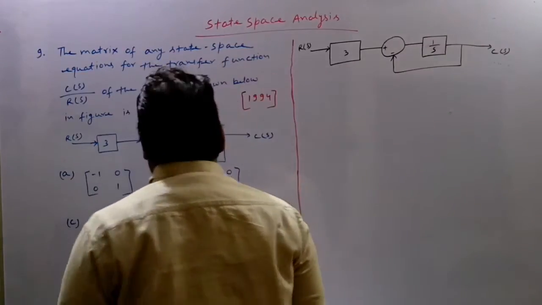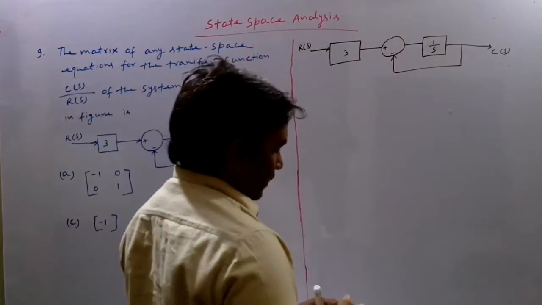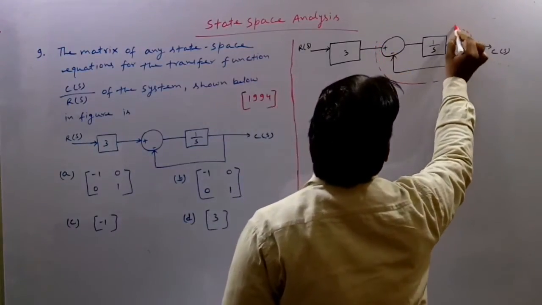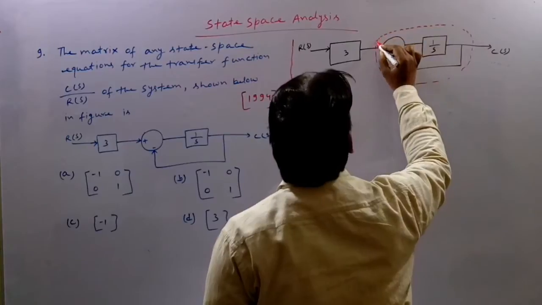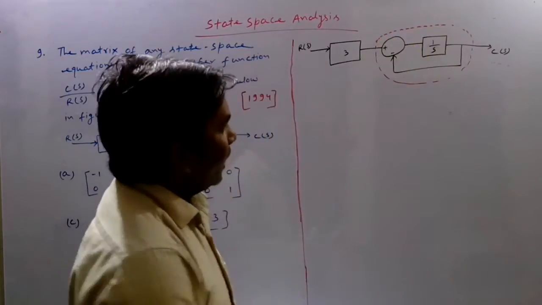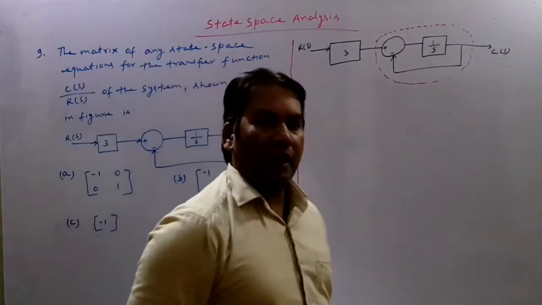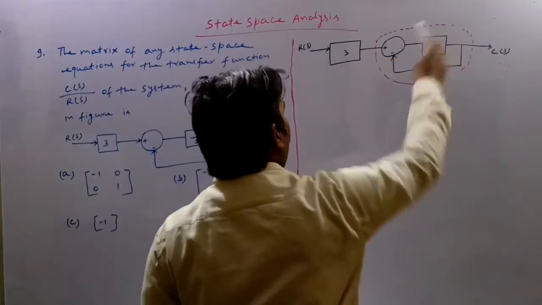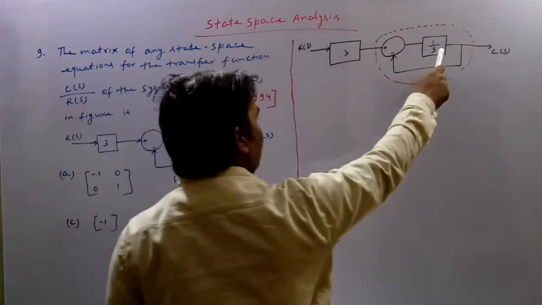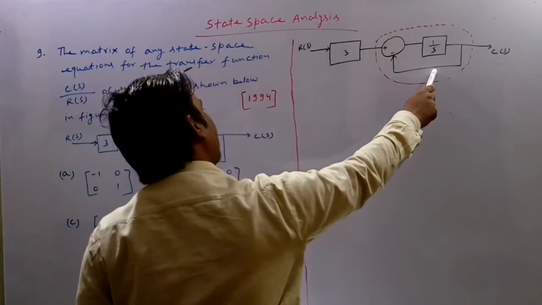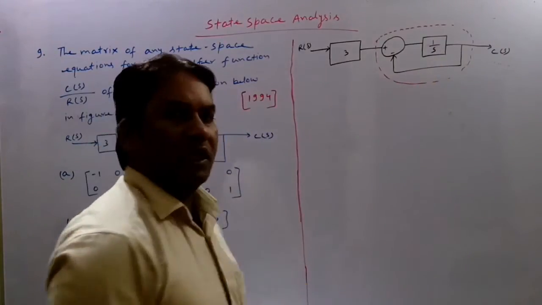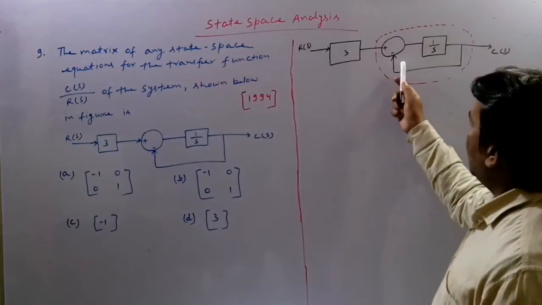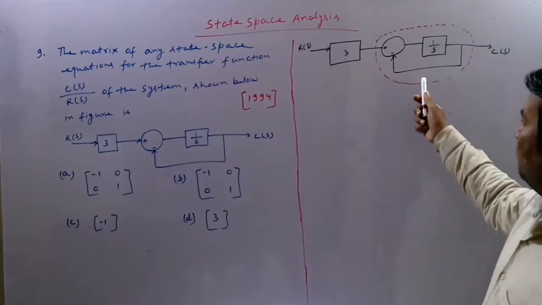Now if we see the transfer function for this block only, which I have encircled within the dotted line. So the transfer function for this block will be G(s) and H(s) for this is 1. So G(s) divided by 1 plus G(s) into H(s), because this is a negative unity feedback system.